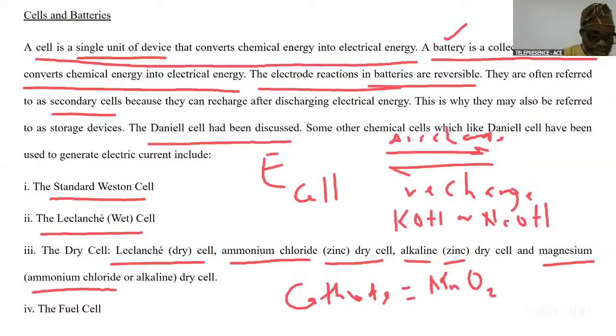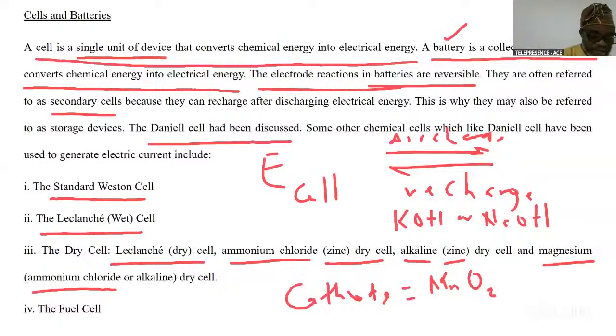This controls the rate at which the electrolyte gets to the cathode. Everything is contained in a glass jar.